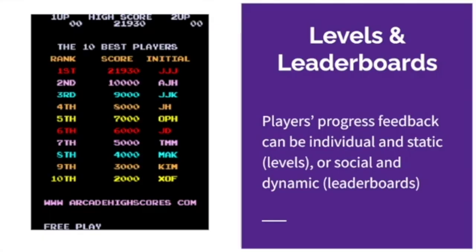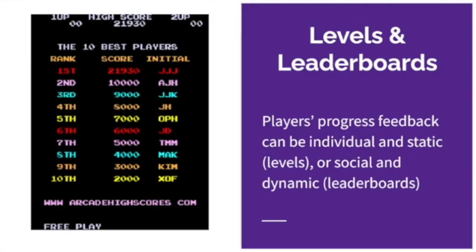Compare that to leaderboards, which are social, meaning they give progress feedback relative to other players, not just personal performance. And they are dynamic, meaning it's possible to move up or down based on ongoing performance and changes over time. Probably the closest analog we have in education is class rankings, which are basically classic leaderboards.